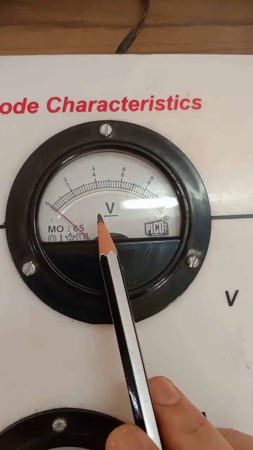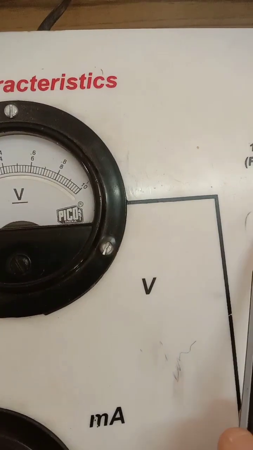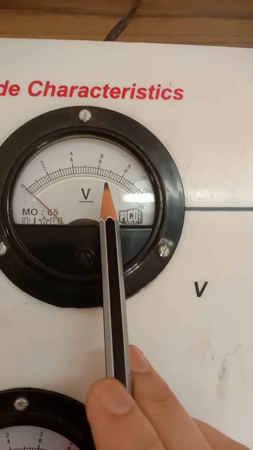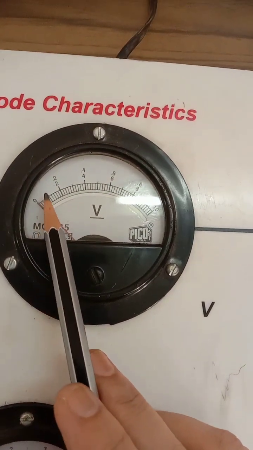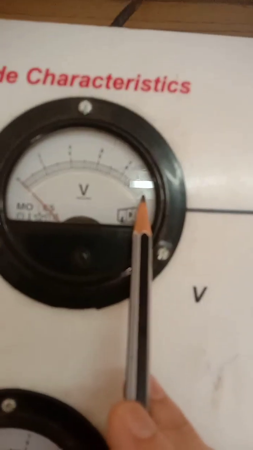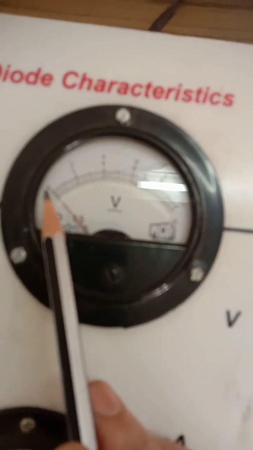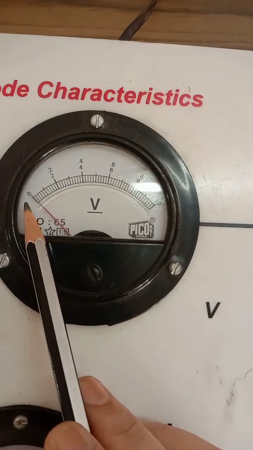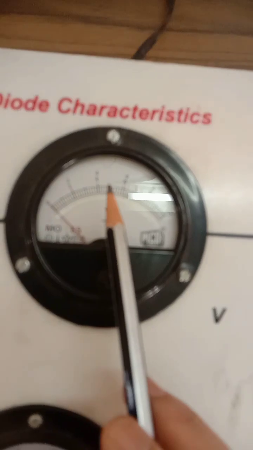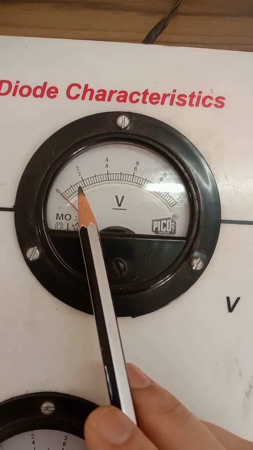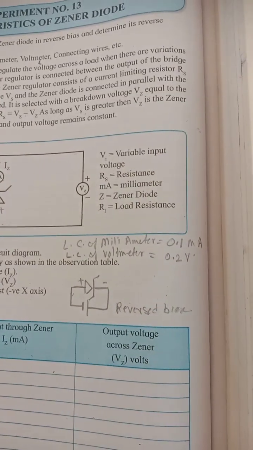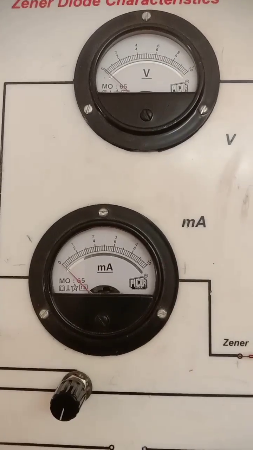For the voltmeter, we have to take a range of 10 volt, and therefore we are going to take the scale written below the scale of this voltmeter. There are 10 divisions for 2 volt, and therefore the least count of the voltmeter is 0.2 volt.